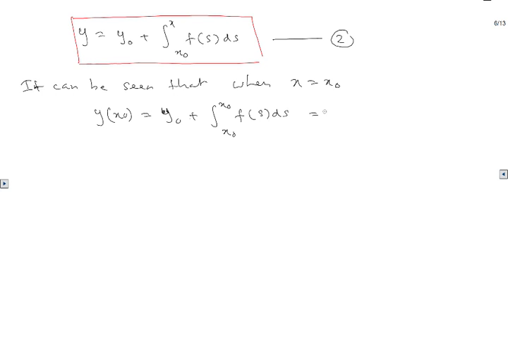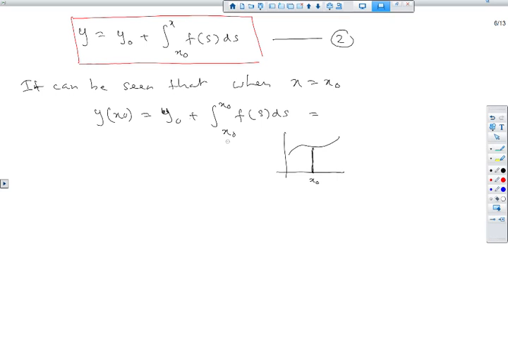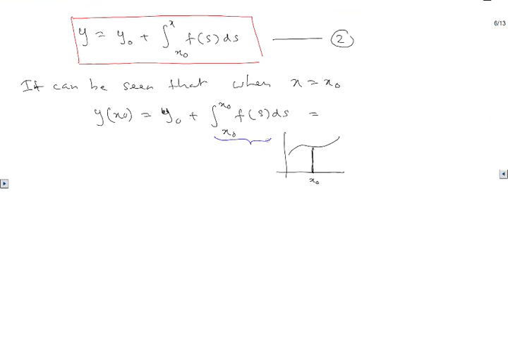What does x0 to x0 mean? The integral doesn't go anywhere; it's stuck at x0. That means the value of this integral is simply 0, so you simply end up getting y0. If you evaluate y(x0), you get y0. So that satisfies the condition.